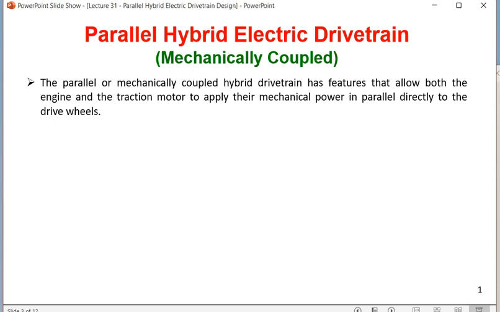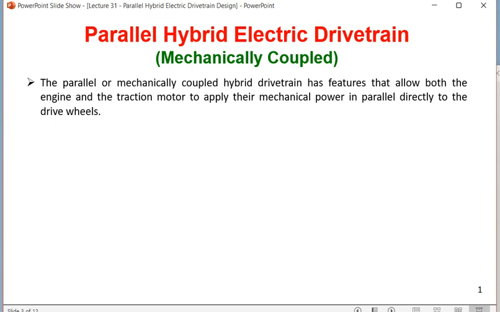So electrical energy from the generator and from the battery were combined. This is called electrical coupling, and then that coupled electrical energy was channelized to the motor, which converted electrical to mechanical, and that mechanical power was given to the final transmission system.